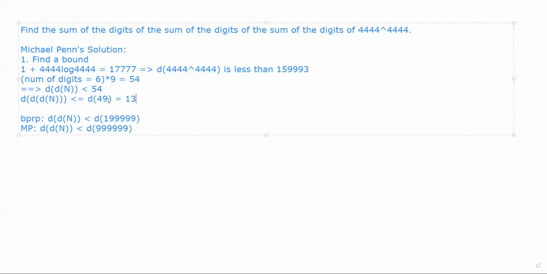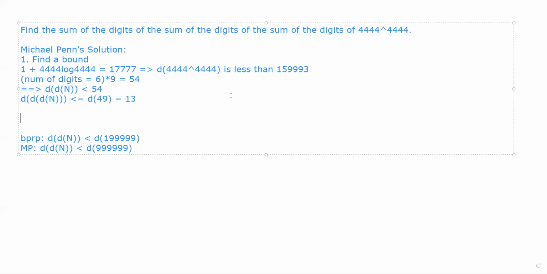And why, you might ask, didn't he do something like d of n is less than or equal to d of 59, and then say it's less than or equal to 14?